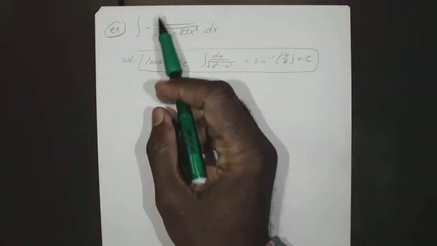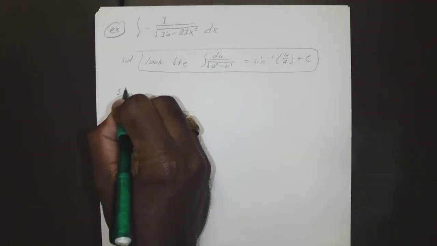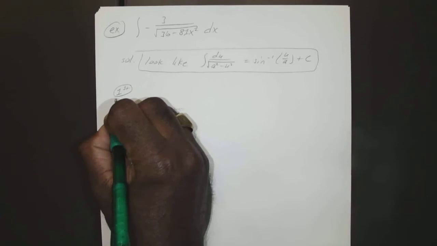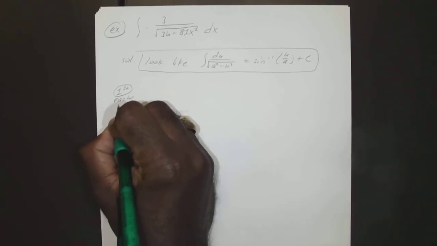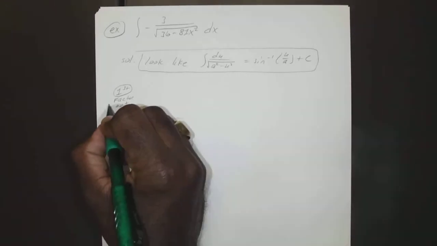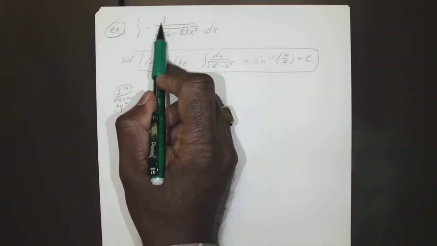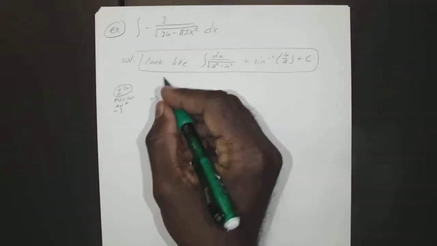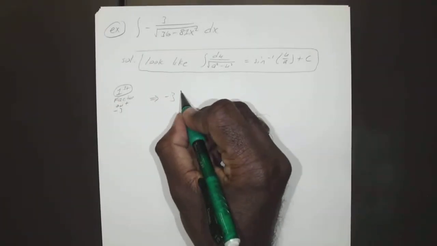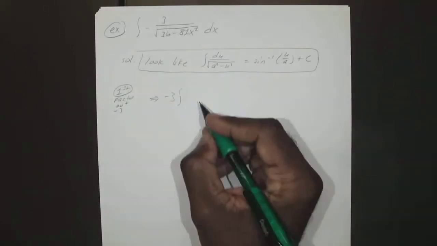Okay, so the first thing you want to do here is just factor out your numerator. Might as well factor out the negative with it, -3. So if we bring that -3 out to the front, you have -3 times the integral, and you just move the dx right up top.